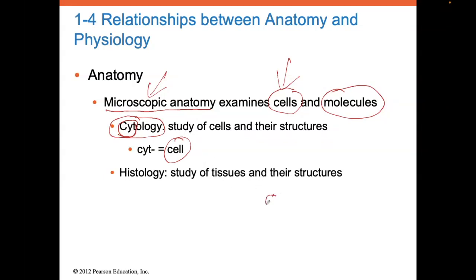As we move along, we may study something called an osteocyte. Well, osteo is bone. Cyte is cell. So now we're talking about a bone cell. We may be talking about a chondrocyte.